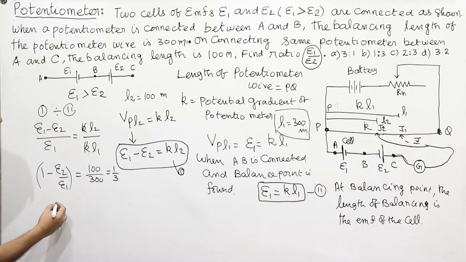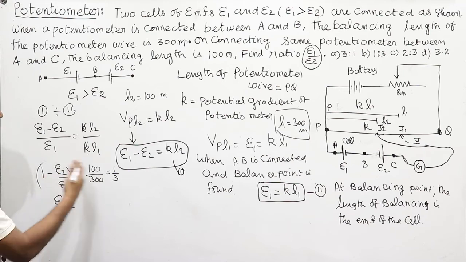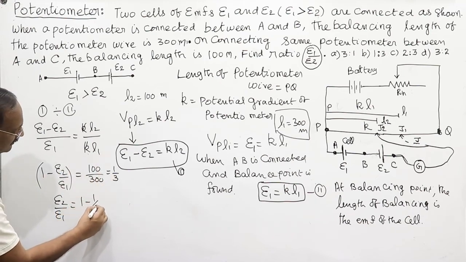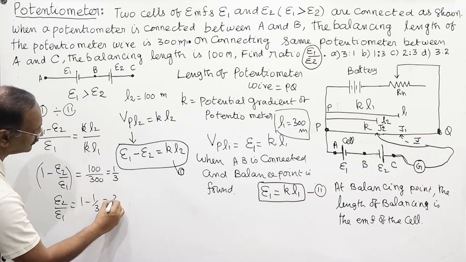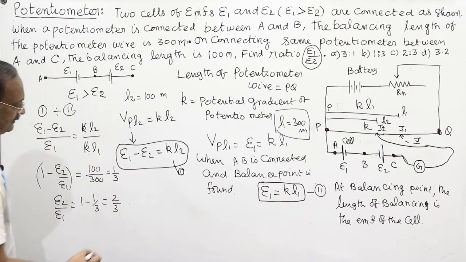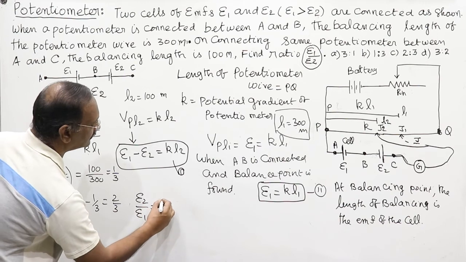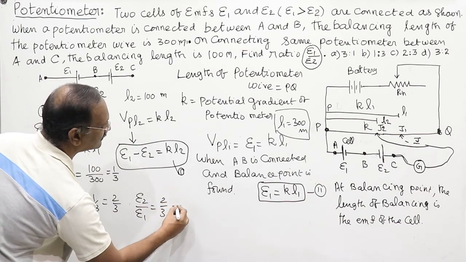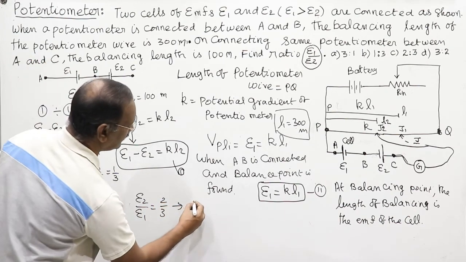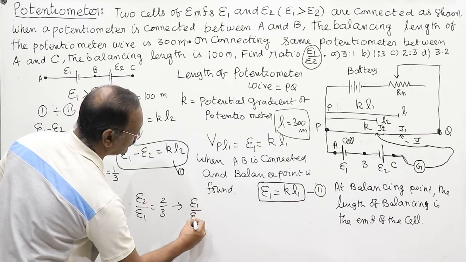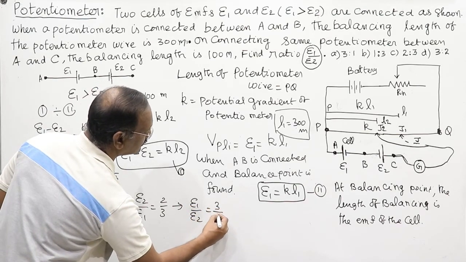So E2 by E1 is equal to 1 minus 1 by 3, which is 2 by 3. On reversing this, E1 by E2 is equal to 3 by 2.